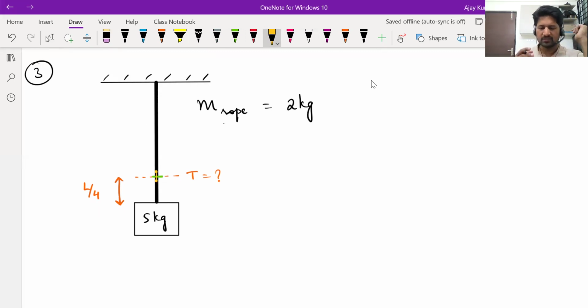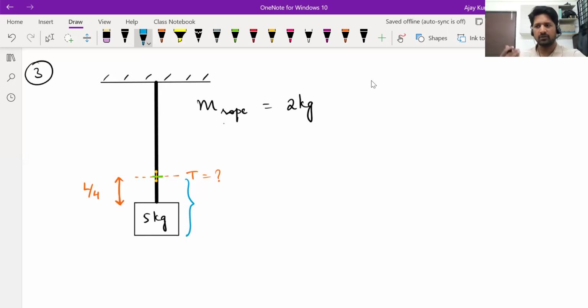So basically, what is tension there doing? Tension at that point is balancing the weight of whatever is below that point. The system is in equilibrium, no? So whatever part of the system is there below that level, its weight is supported by tension there. So see, tension and normal force are basically supporting forces.